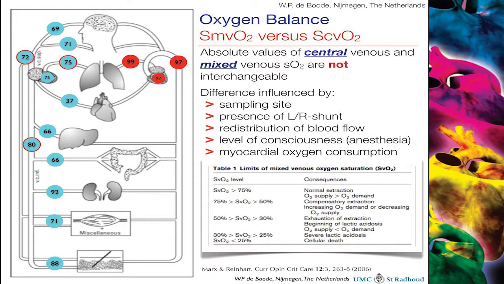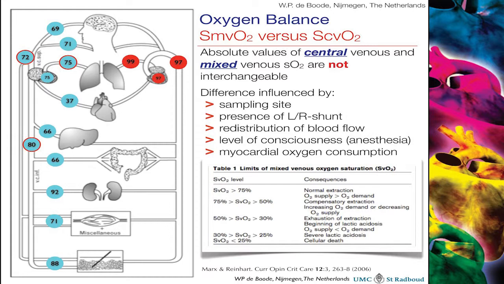You should sample that in the main pulmonary artery, and you need a pulmonary artery catheter, a Swan-Ganz catheter, and that we can't apply in newborn infants. So what we use is a surrogate, and that's central venous oxygen saturation. But as you can see from this figure, it depends very much where you sample the venous oxygen saturation, because there's a difference between central and mixed.